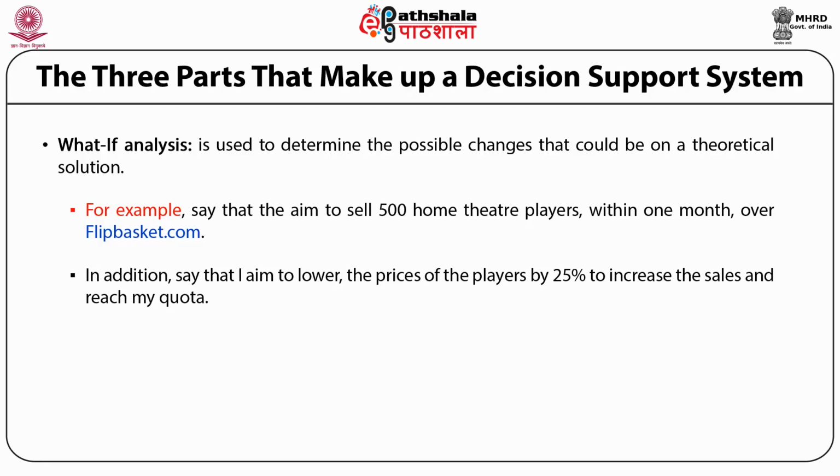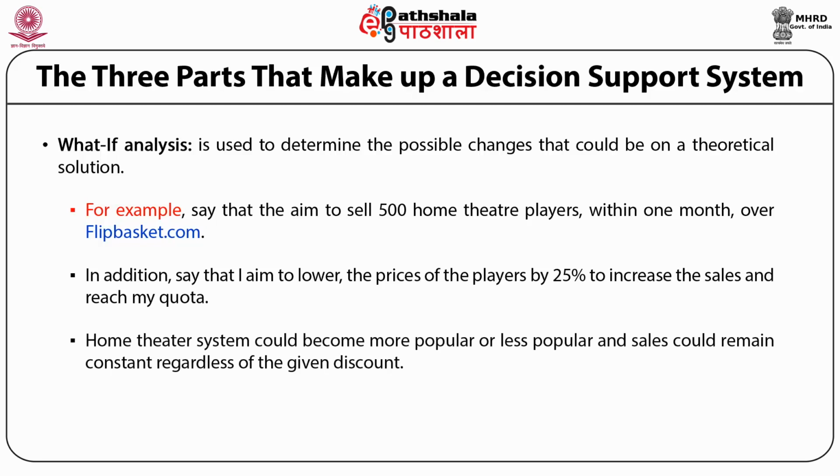What if analysis, when exercised, shall reveal what the possible outcomes could be. Home theater system could become more popular or less popular, and the sales could remain constant regardless of the given discount.